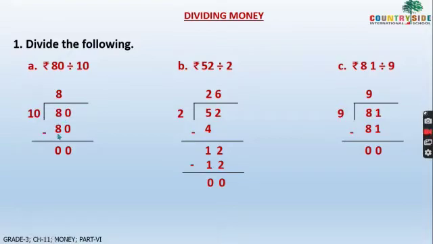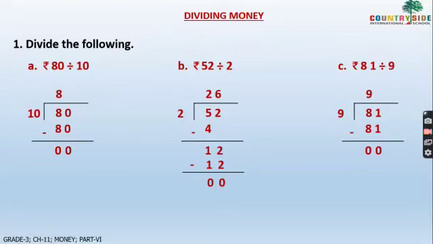Then you have to subtract. 0 minus 0 is 0 and 8 minus 8 is 0. So your quotient is 8 and your remainder is 0. Like this you have to do the division.